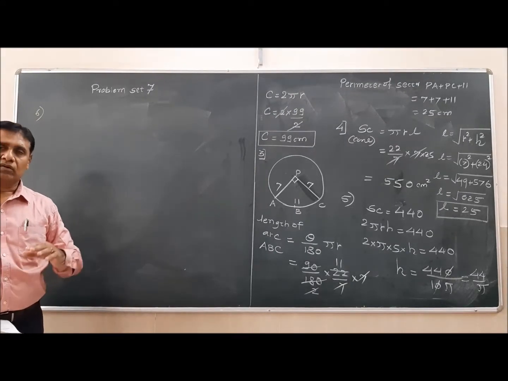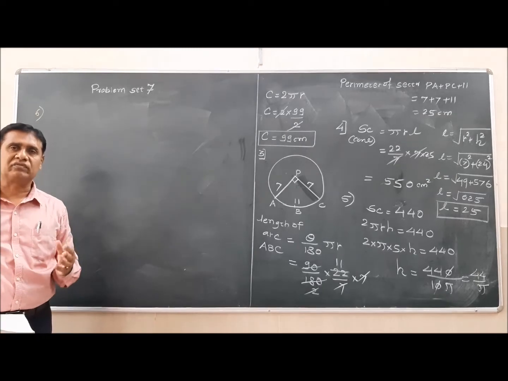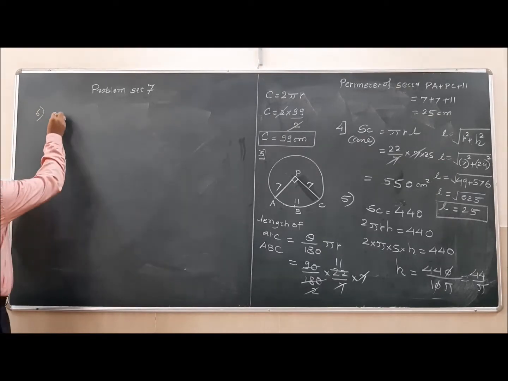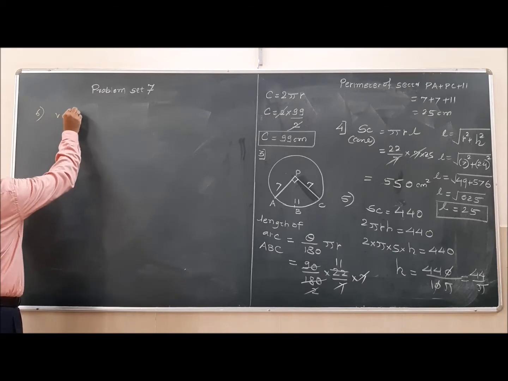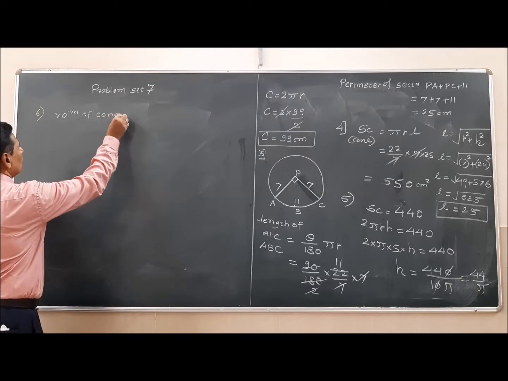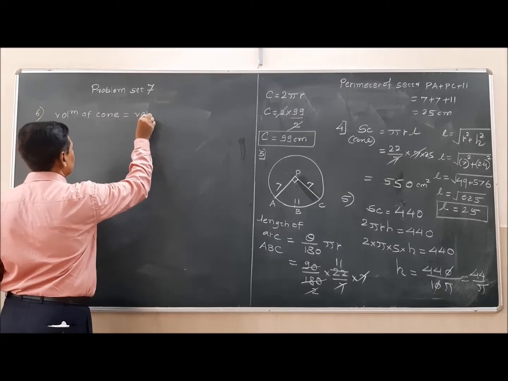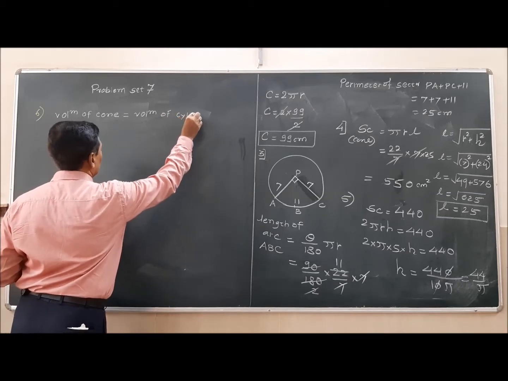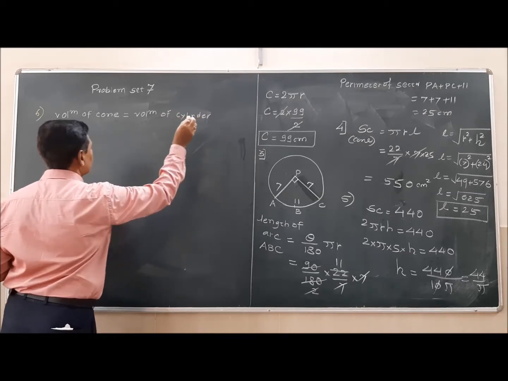That means the volumes of the cylinder and cone are equal. So I am going to write over here that volume of cone is equal to volume of cylinder.